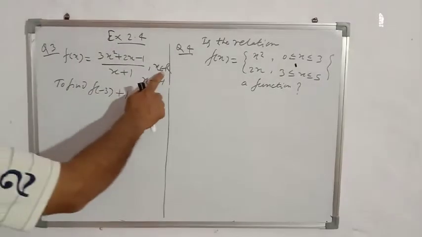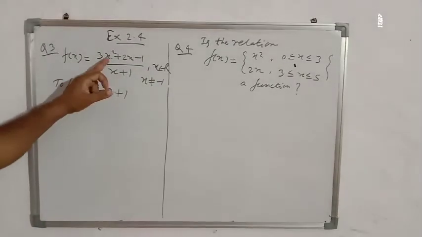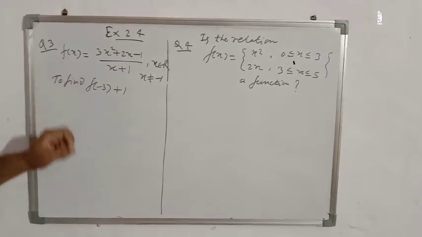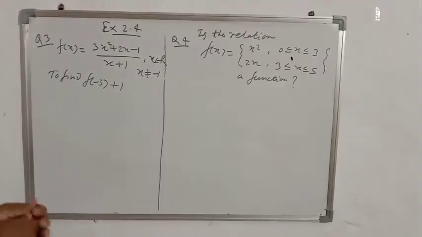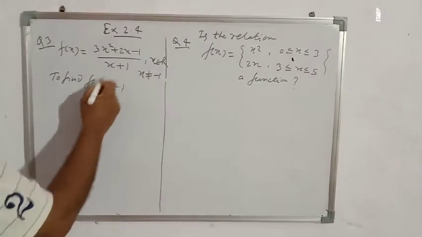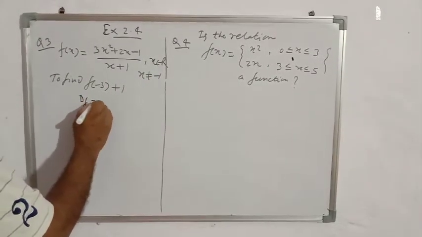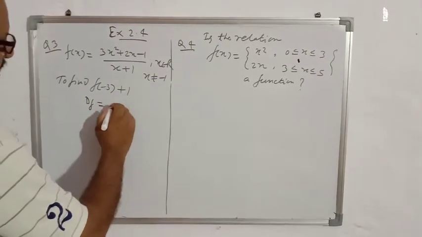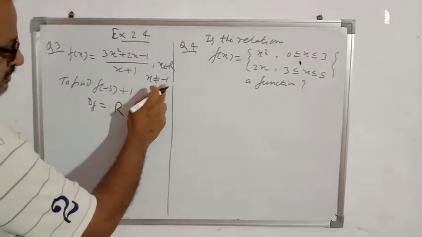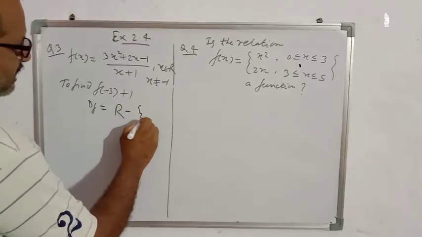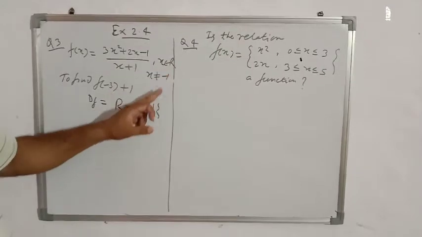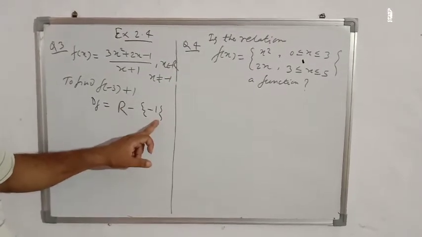So x is a real number. We know that the value of x means domain and f(x) means range. So what is the domain? Domain is not asked in this question, but tell what is the domain. Domain means the values of x. x is all the real numbers, but not equal to -1. So R minus {-1} means from all the real numbers we remove -1.